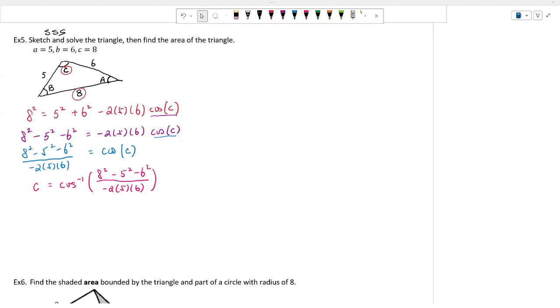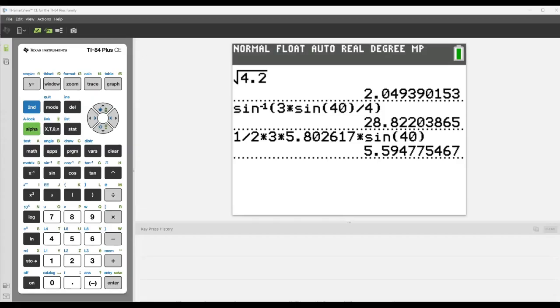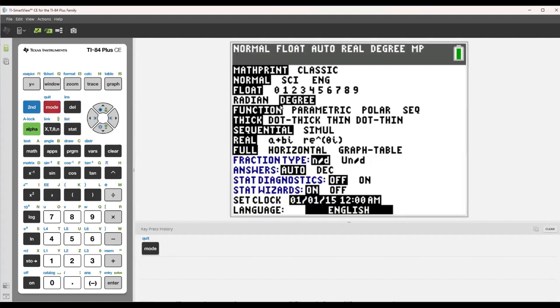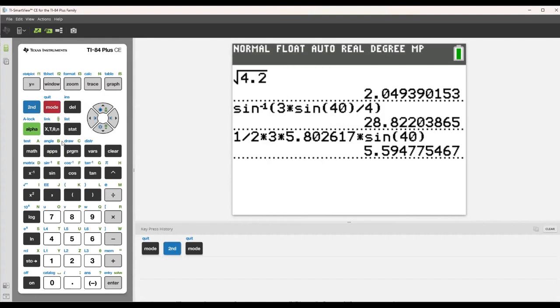Okay, so now let us bring up our calculator. First, again, remember to check the mode to see if it is in degree mode. Then we could work this out with the cosine inverse.